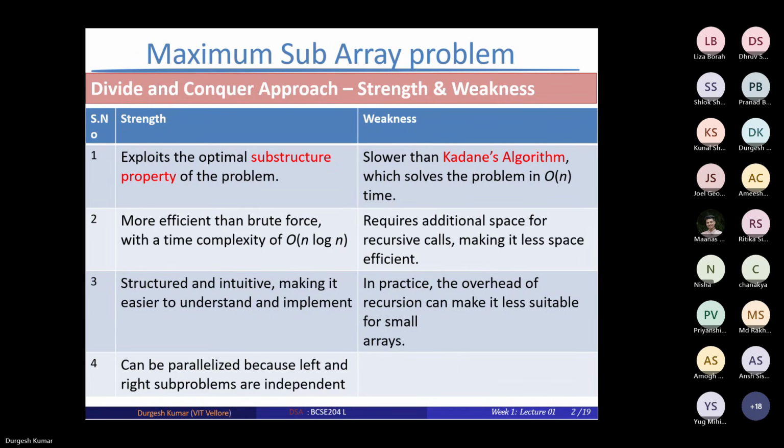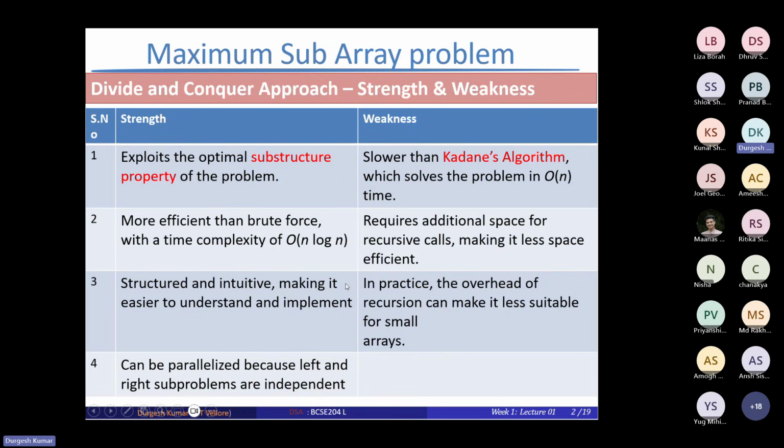Okay, so it is giving better than the brute force, but still Kadane's algorithm using the dynamic programming approach will give much better, in O(1) space. That also we'll see in the next class. So an advantage of divide and conquer is that each of the recursive calls can be done in parallel, because the left and right sub problems are independent.